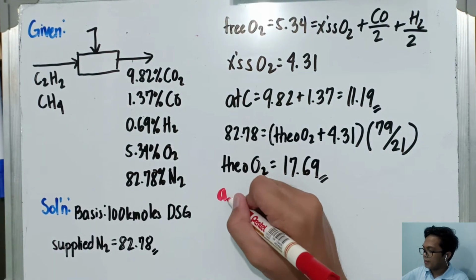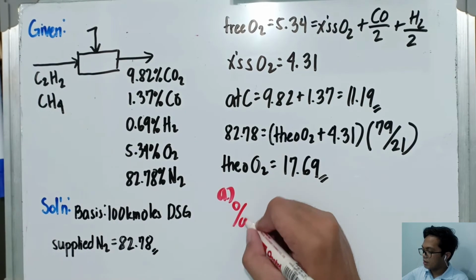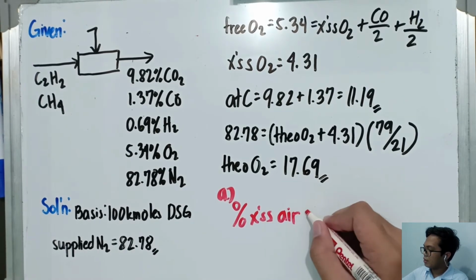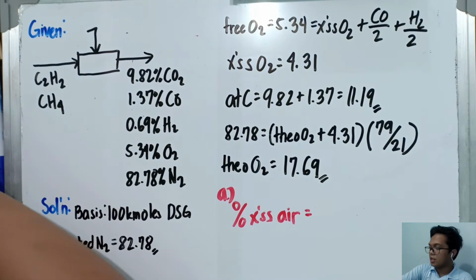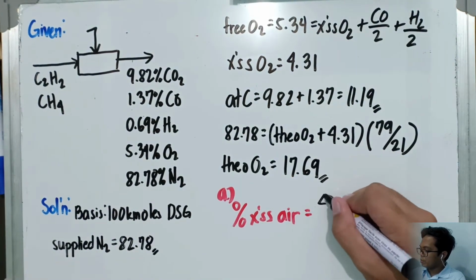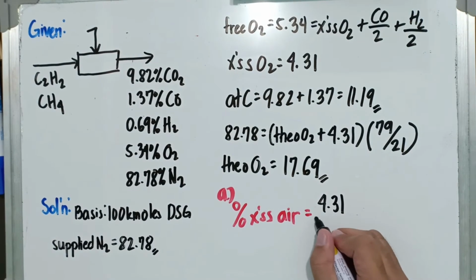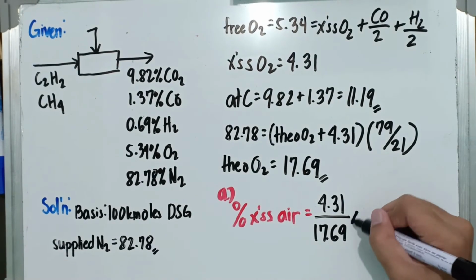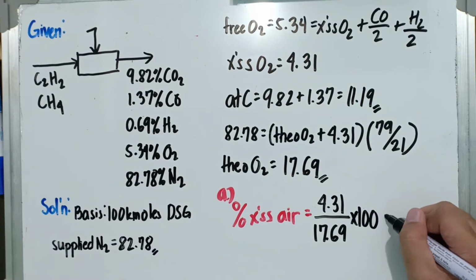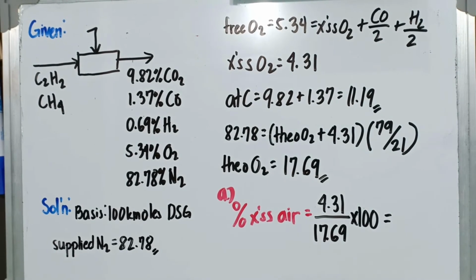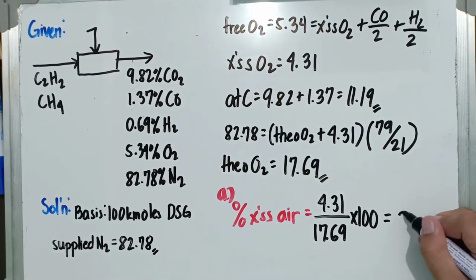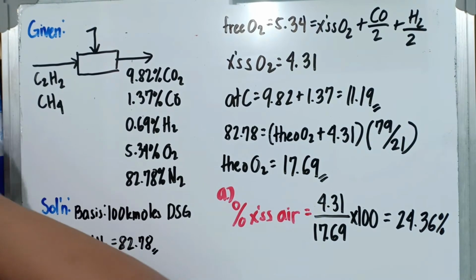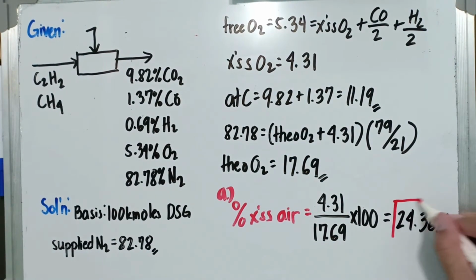For letter A, to get percent excess air, we just need to divide our excess O2, that's 4.31, over our theoretical O2 of 17.69, then multiply this by 100 to get our percentage excess air. We should be able to get our percent excess air to be 24.36%.